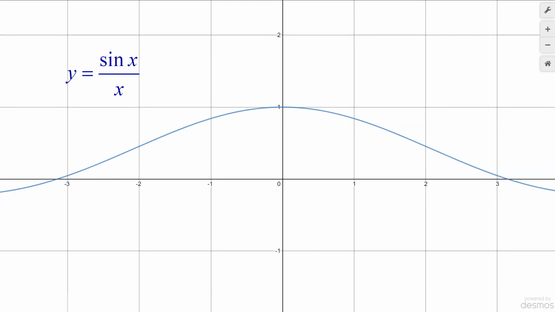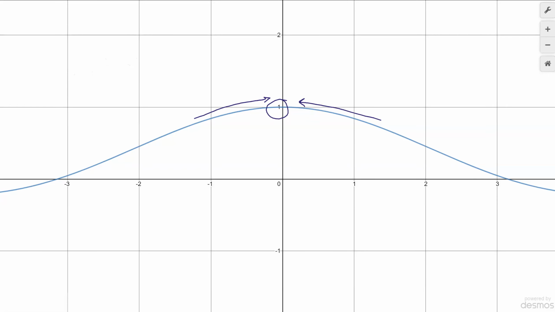If I approach the x value of 0 from the left-hand side, what y value am I approaching? I'm approaching the y value of 1. And if I approach the x value of 0 from the right-hand side, what y value am I approaching? Again, I'm approaching 1. The limit of sine x over x as x approaches 0 is 1.